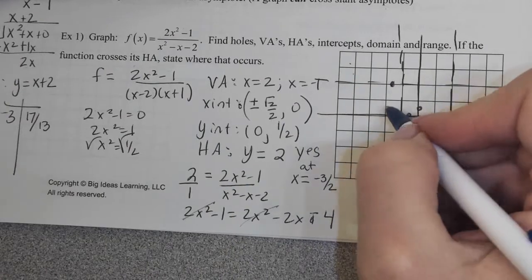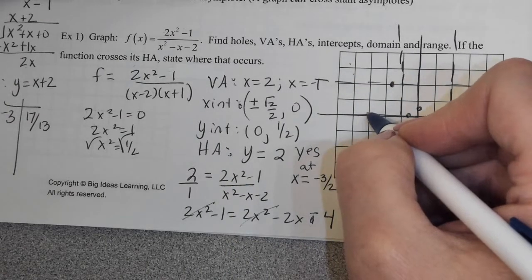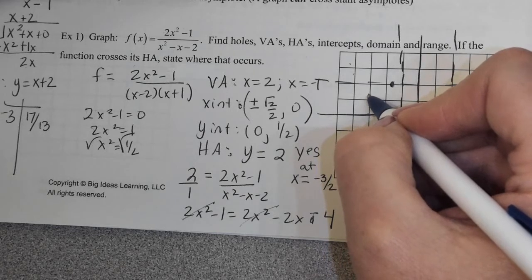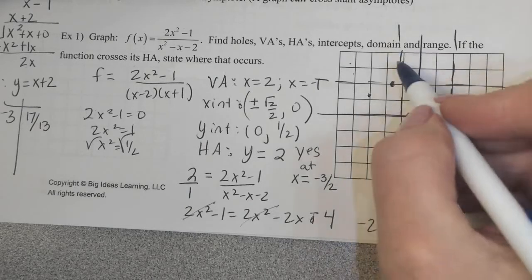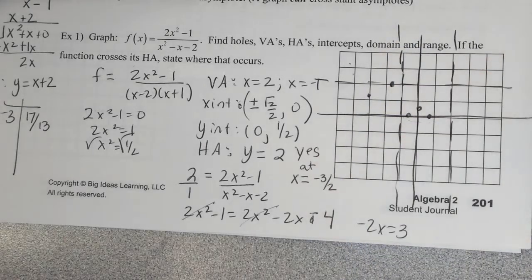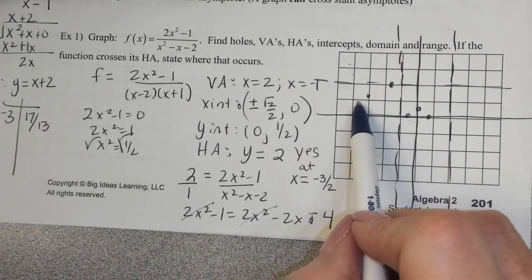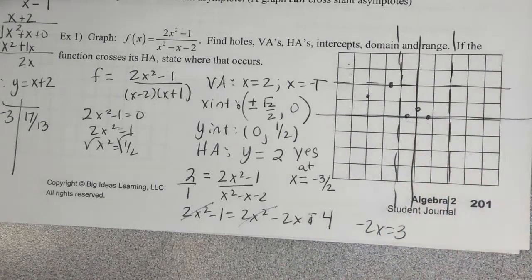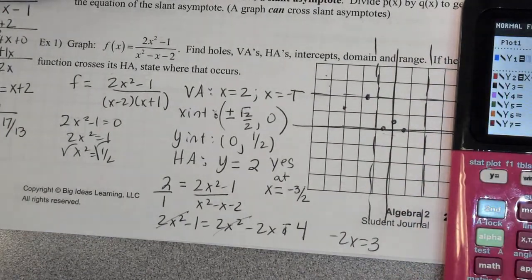So that's about 1 at negative 3. A little over 1. Okay, so it's going to look like that. All right. Now, it's still kind of hard to see what's going on here. Is it coming back up? We're going to use our calculator just to help us on this one, just to make sure we're doing this correctly.